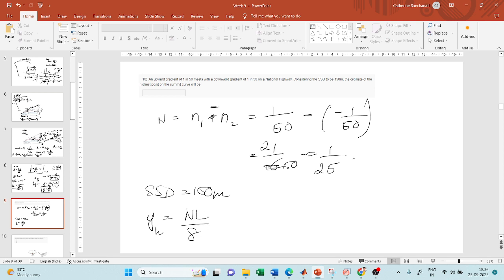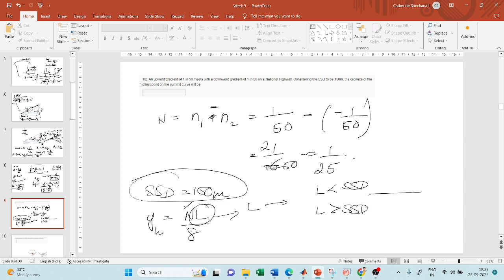Now, in this equation, you know the value of N, but you do not know the value of L, and that is what you have to find. For that only, they've given you SSD. I told you that there are two equations to find out the length of the curve based on this SSD. When the length of the curve is less than SSD, there is a formula, and when the length of the curve is greater than SSD, there is another formula.